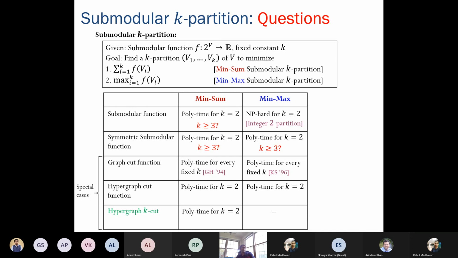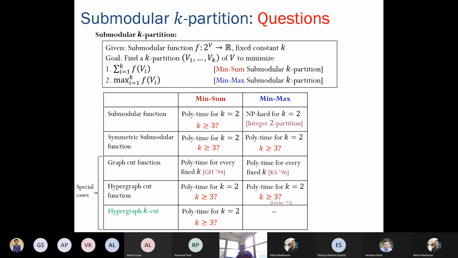This was claimed to be polytime in '98 by Queyranne, but it was subsequently retracted, so we don't know the complexity of min sum symmetric submodular K partition for larger constants K. And if we don't know that, then it's good to think about these special cases: min sum hypergraph K partition for larger constants K, and min max hypergraph K partition for larger constants K, which was in fact raised as an open problem by Lawler in '73, and hypergraph KCut for larger constants K. The hope is understanding these special cases will help us get to the first two problems, min sum submodular K partition and min max symmetric submodular K partition.